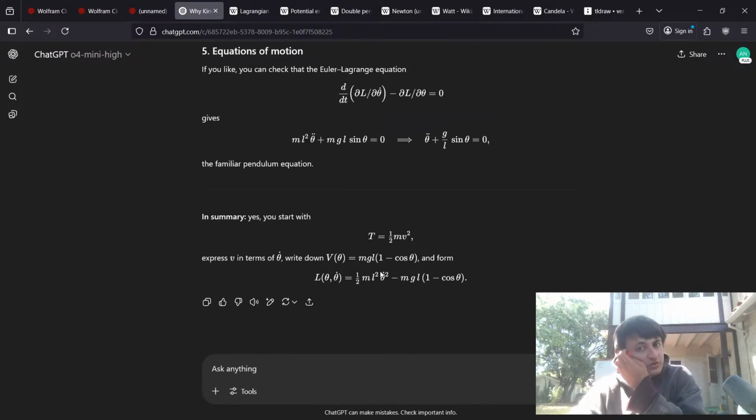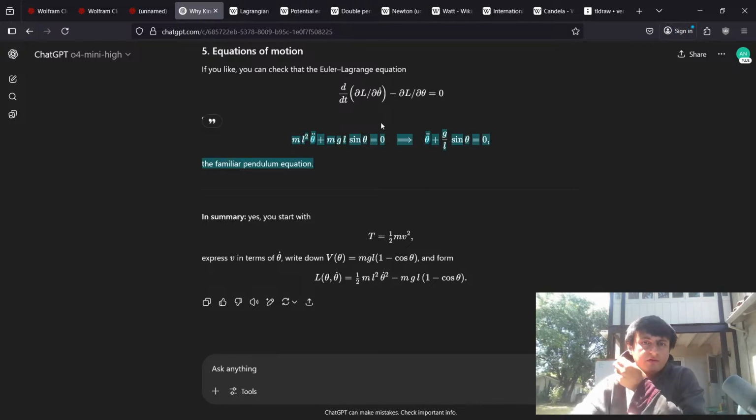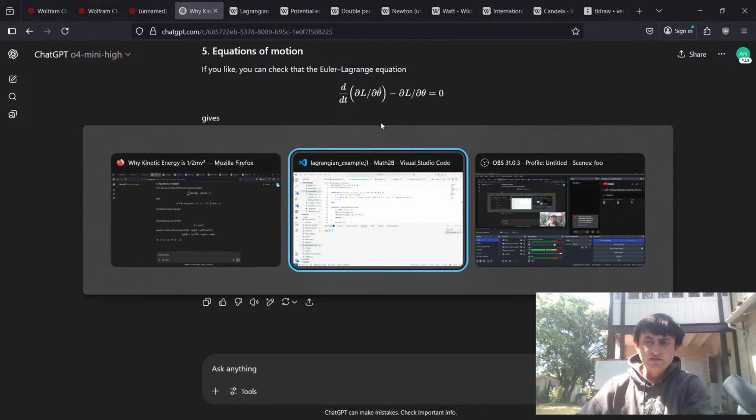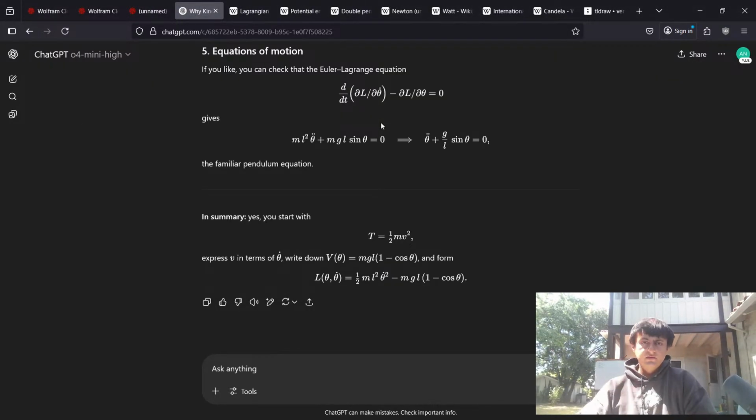All right, we'll do the equations of motion. Okay, so all right, we can do the equations of motion. That's fine. So now we apply Euler-Lagrange to L single.